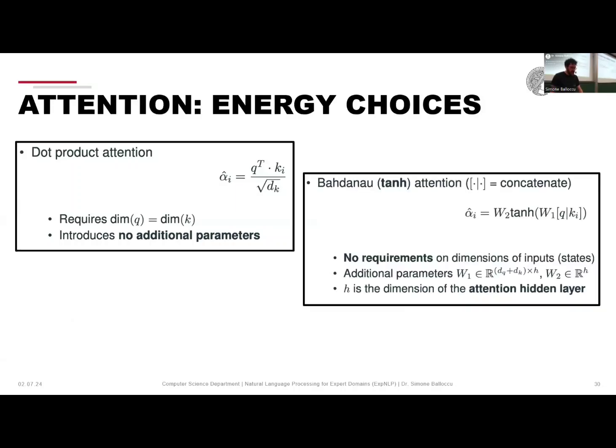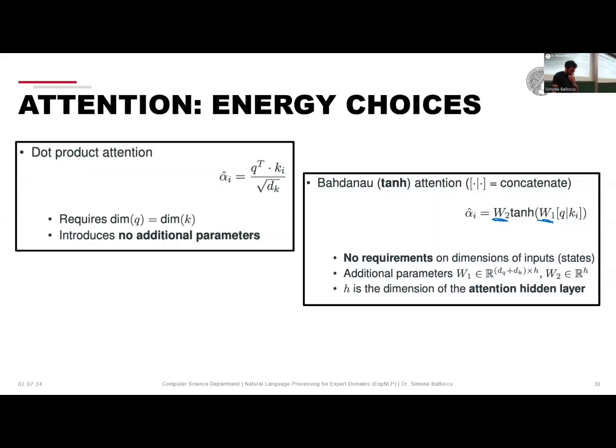We have the Bahdanau attention, which is basically a hyperbolic tangent with two transformations, as you see here with the matrix. It's cool because now we don't have these requirements of having the same dimensionality between the input states, because we can just transform them with the matrix.